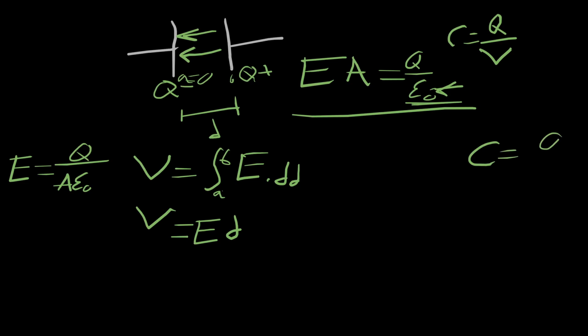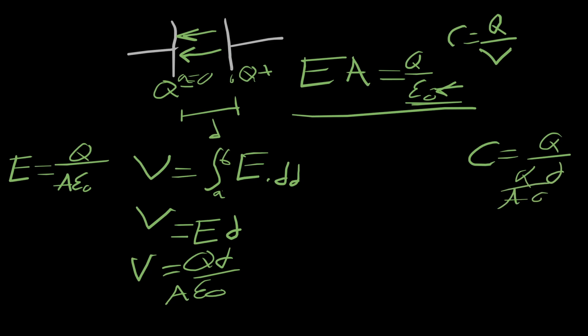But let's first substitute our electric field. We know it's going to be Q times d divided by the area times our permittivity constant. Once we substitute our voltage in, we get our final answer. Capacitance is equal to the area of the capacitor times our permittivity constant divided by the distance between the two plates.